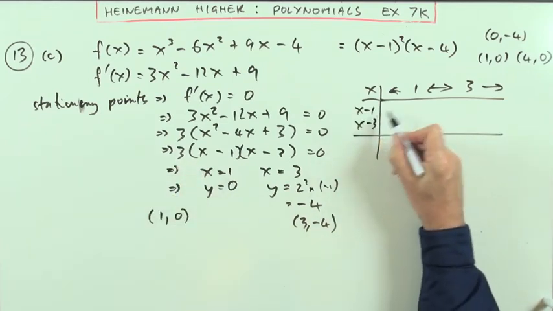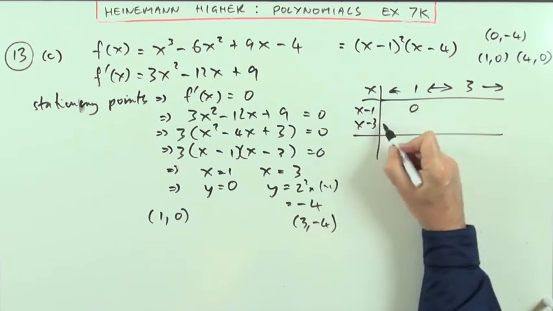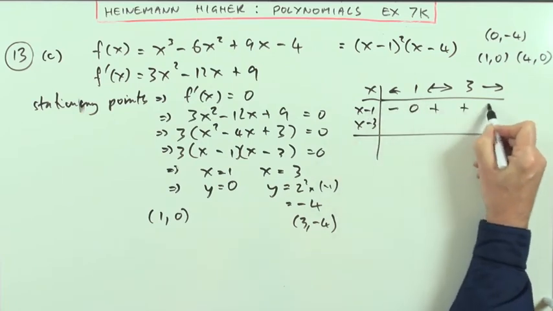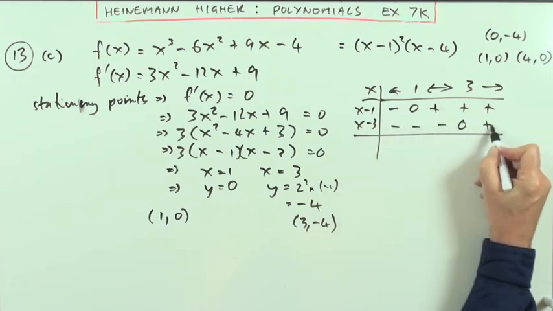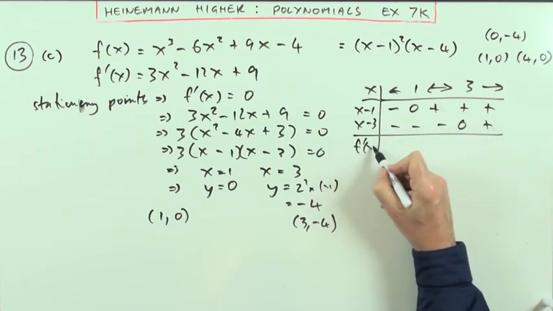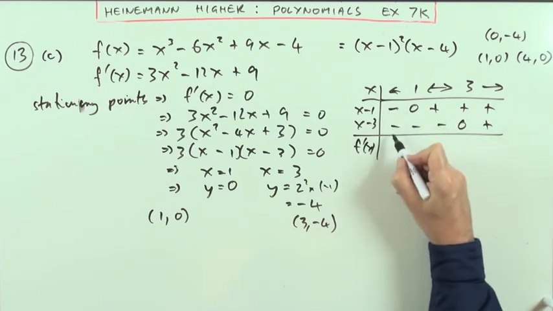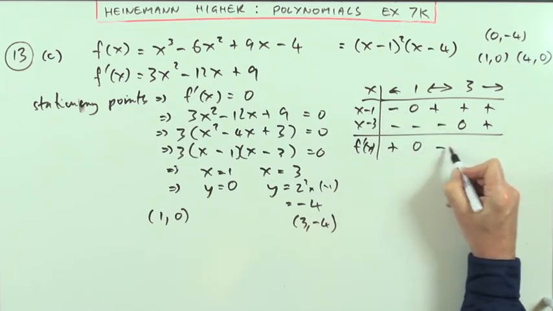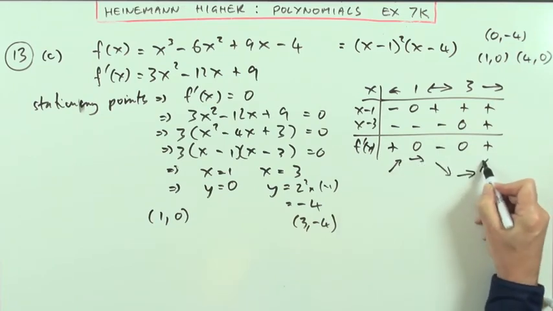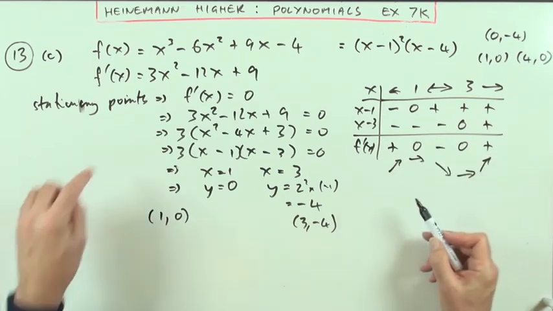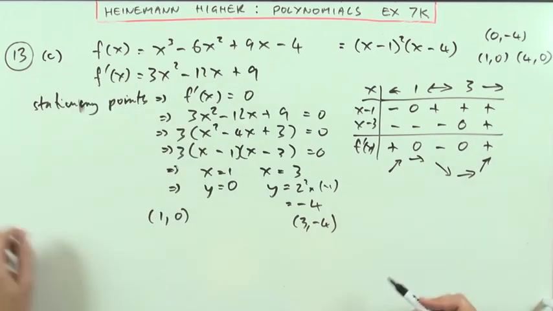Well, when x is 1, it'll be 0, so it must be negative before and positive after. When x is 3, that's 0, so it must be negative before and positive after. So for f dashed x, it's going to be multiplying the two factors together. Positive, 0, negative, 0, positive: up, along, down, along, up. No surprise, a standard positive cubic curve.